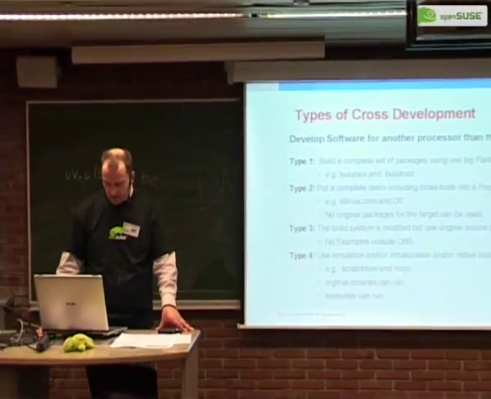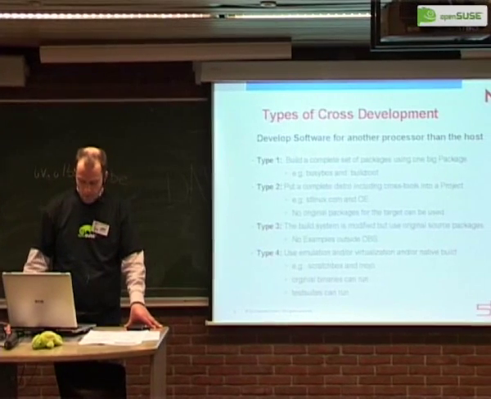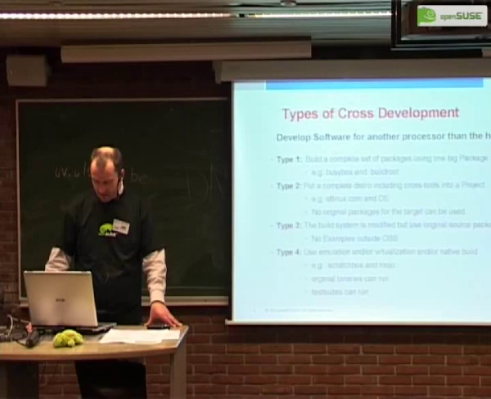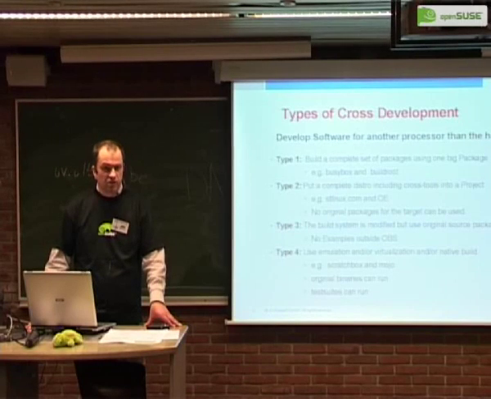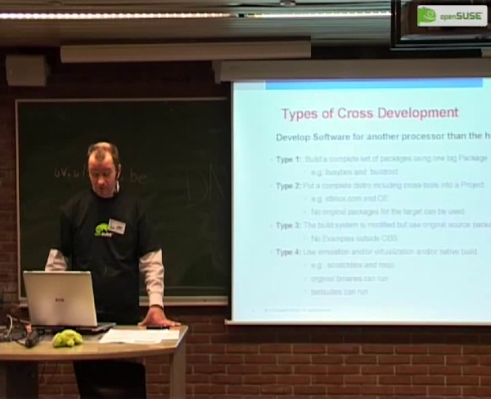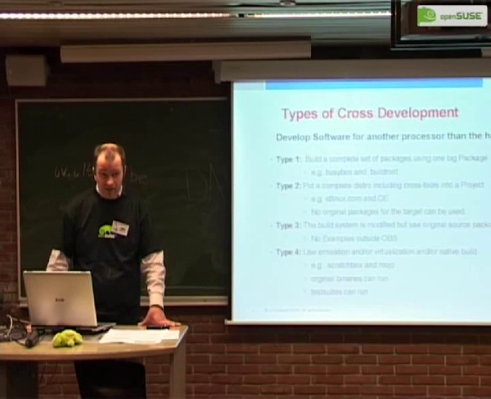Then we also said we want to have some kind of type 3, that is, use the original source somehow, don't use an emulator, and with as small a modification in the packages as possible.